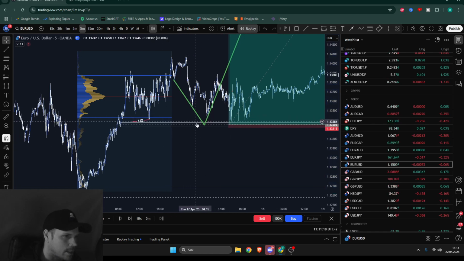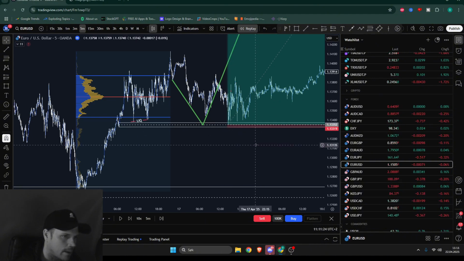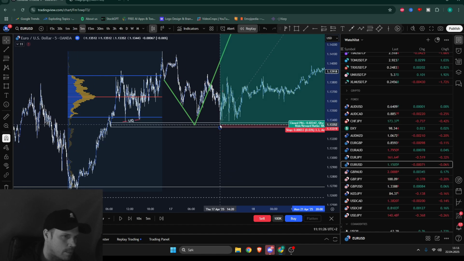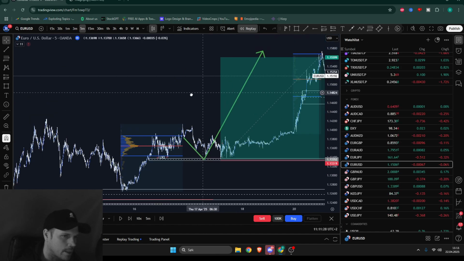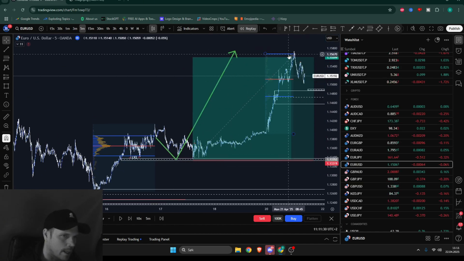What price is usually doing is taking out the liquidity right here, and this is going to be the protected low, and then price pushes to the upside, and you can see the results of what I mean right here.